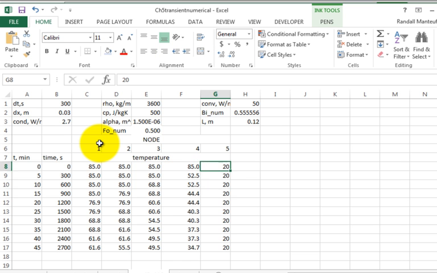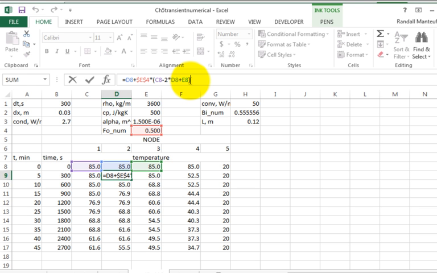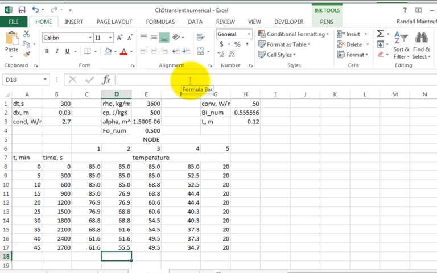Node 5's temperature doesn't change. It's always 20 as time goes on. But the others start at 85, and you percolate using the equations that were developed to come down. And there's your temperature distribution, with the interior node at 61.6 degrees, 55.5, etc. All right, I'm going to stop here.